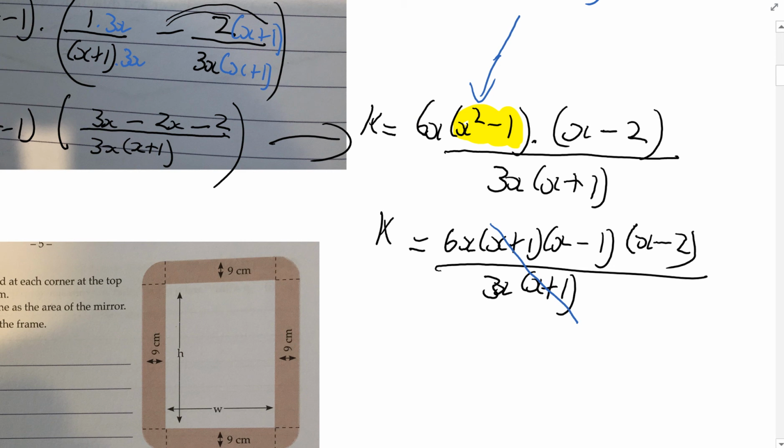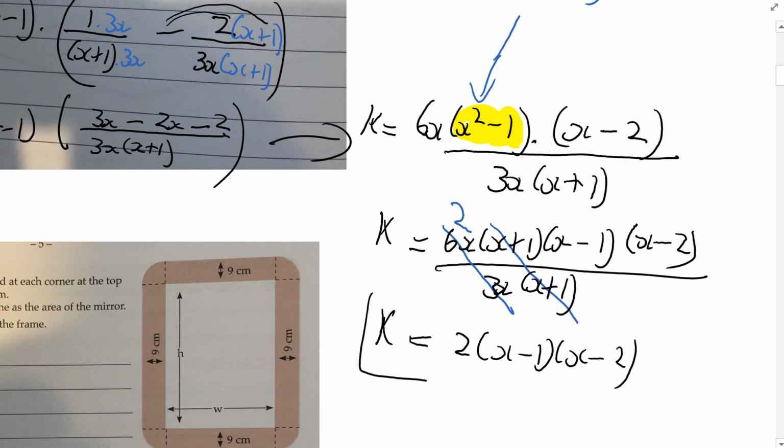Also, I've got 6x divided by 3x. So what's that? How many 3x's in 6x? Well, that's just 2, isn't it? And so I'm left with k equals 2, x minus 1, x minus 2. And I could expand that if I wanted to, but there's no need. It's not going to make it any simpler. The instructions were to put it in simplest form.